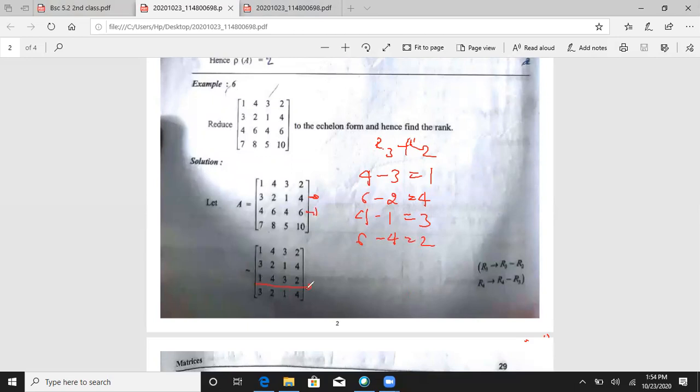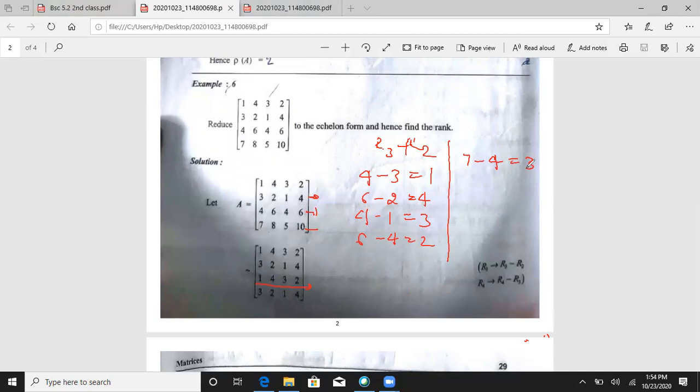Next, R4 equal to R4 minus R3. R4 is the row 7, 8, 5, 10, and R3 is 4, 6, 4, 6. 7 minus 4 is 3.